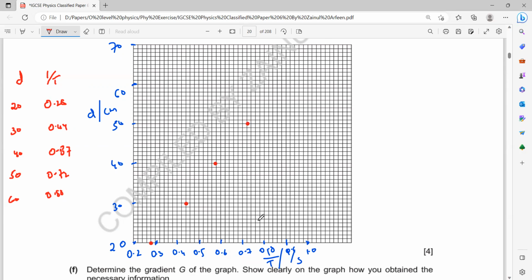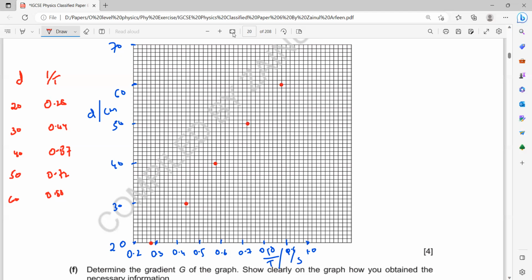And 60 and 0.88. So 0.9, this is 0.9. This one is 60, so 0.88 will be here.